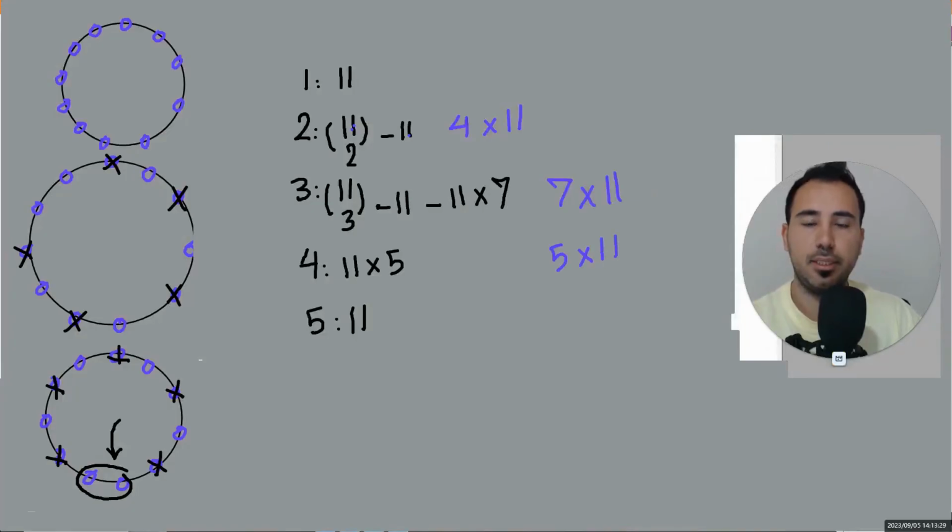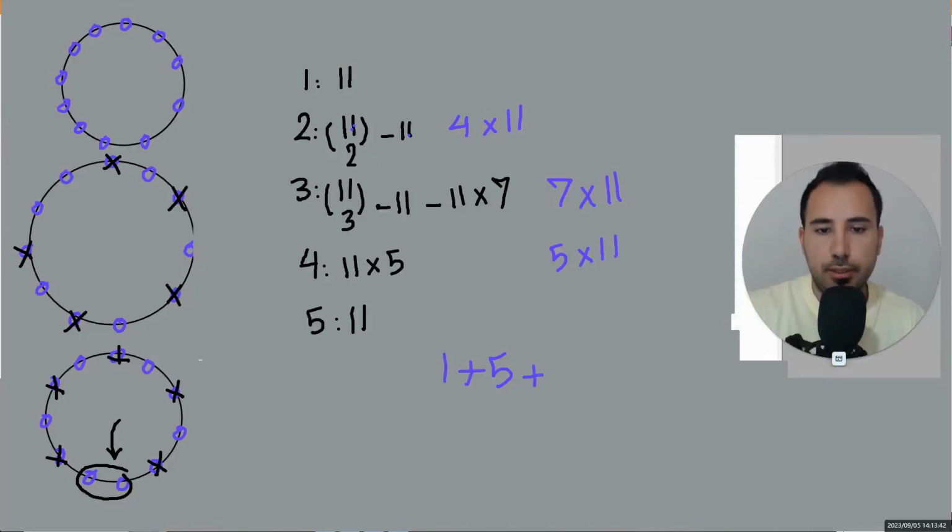Okay, we already have it. So let's count. 1, 11, 5, 11s. Let me write it like this. I don't want to make a mistake. So 1 plus 5 plus 7 plus 4 plus 1 times 11.